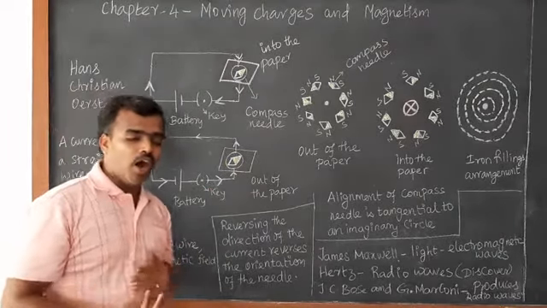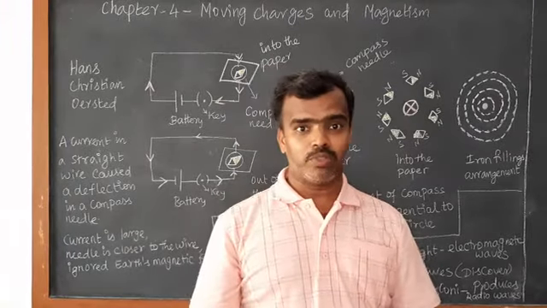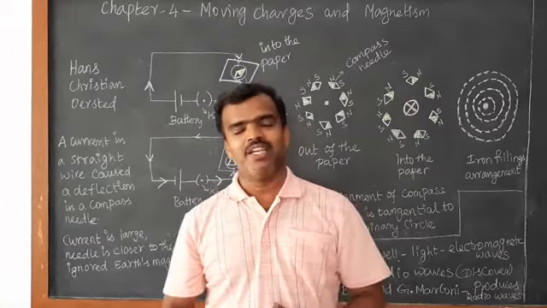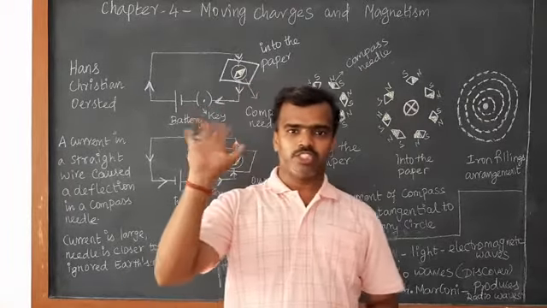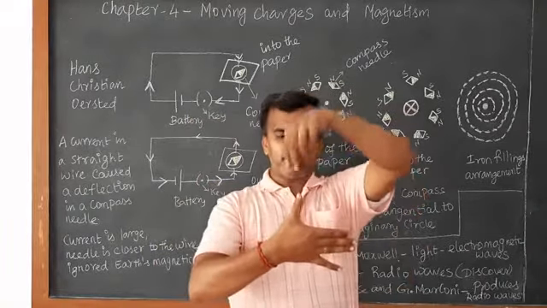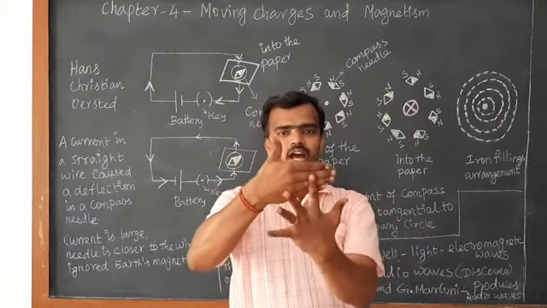So how can we predict the direction of deflection? Do you have any idea, as you studied in lower classes? Yes, we have the right hand thumb rule. So this is my right hand. Suppose the current is passing in the upward direction, then the rest of the four fingers show the magnetic field.